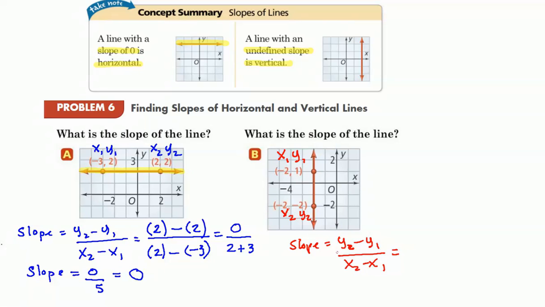Let's substitute the values. For y2, it will be a negative 2, minus, again I put this in parentheses, the value of y1, which is a 1, all divided by the value of x2. x2 is a negative 2 minus the value of x1, which is a negative 2.